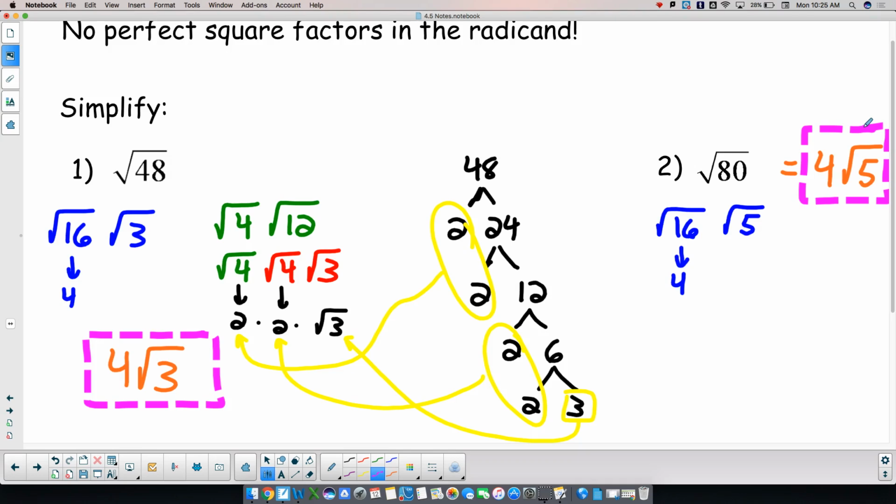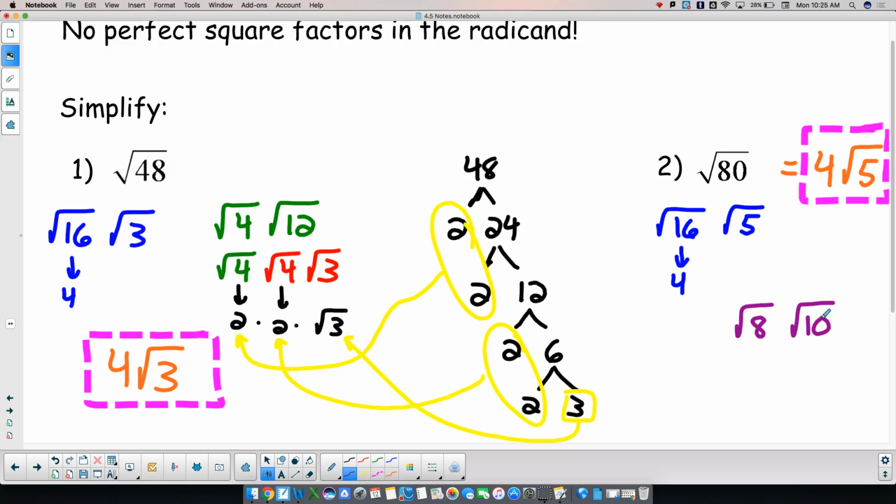Another method, the purple method, would be to say that the square root of 80 is the square root of 8 times the square root of 10. Not the best way, because neither one of those is a perfect square.